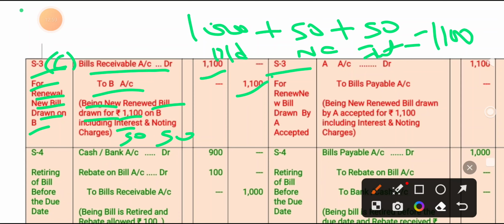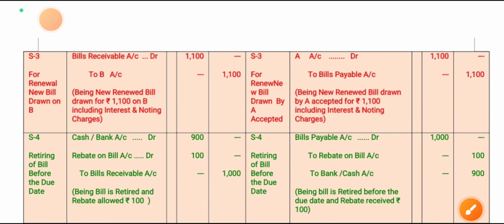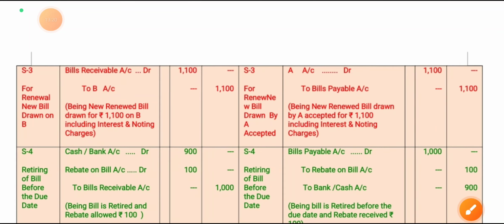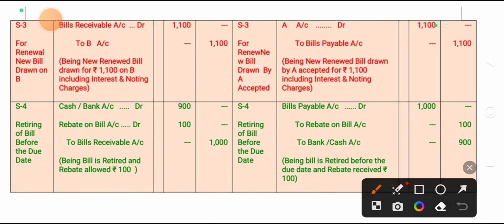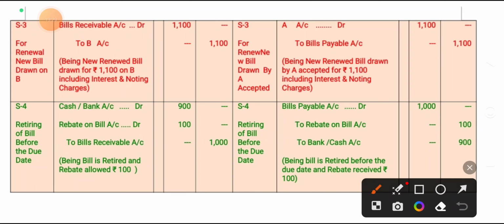So in the books of B, for the same journal entry, A's account will be debited to Bills Payable account. The amount will be the same as in the books of A, it is 1000, in the books of B also 1000. This will be another journal entry. So hope you are understanding each and every situation.